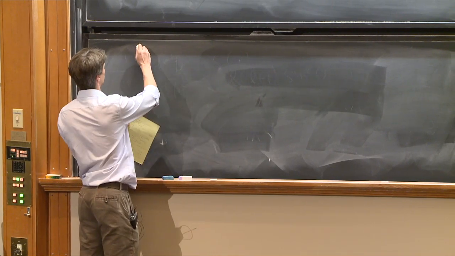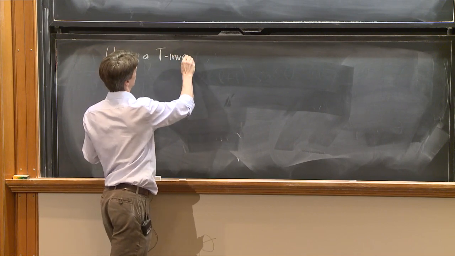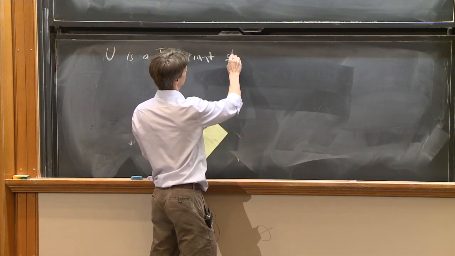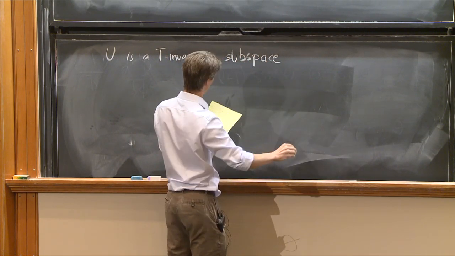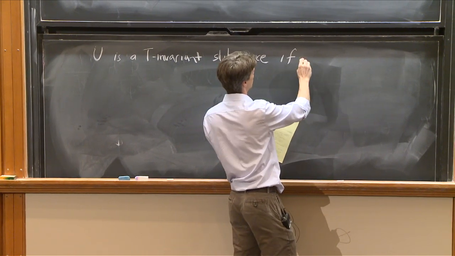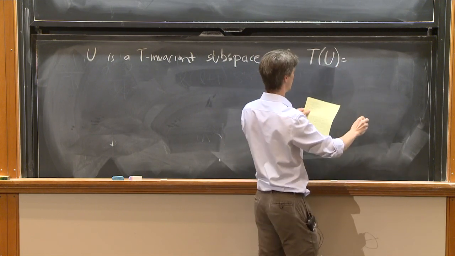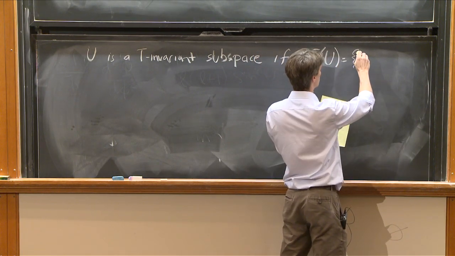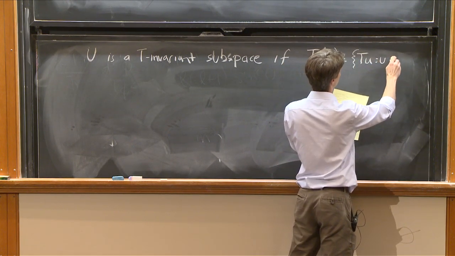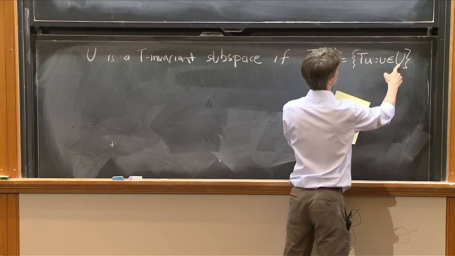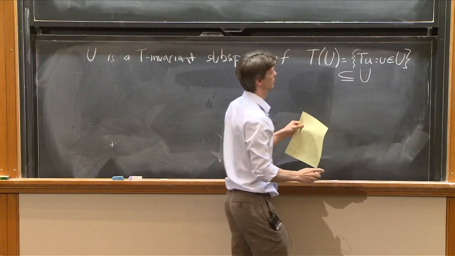So we had that U is a T-invariant subspace if the following is satisfied: if T of U, which is all vectors that are generated by T from vectors that live in U, is inside U itself, right?